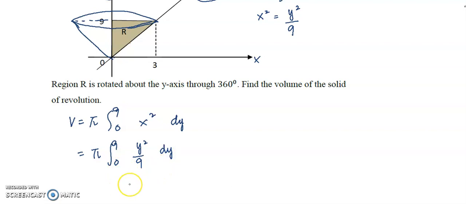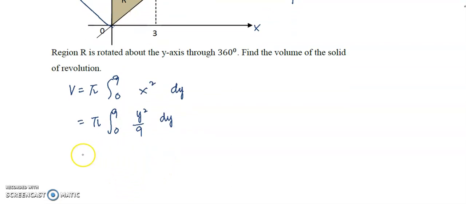So now we just go back to the normal integration. For the 1 over 9, we can just factor it out. If you feel that it's disturbing, you can take it out, or you may leave it inside, no problem. So integrate as usual. You have pi over 9. Integrate y squared, you have y cubed over 3.